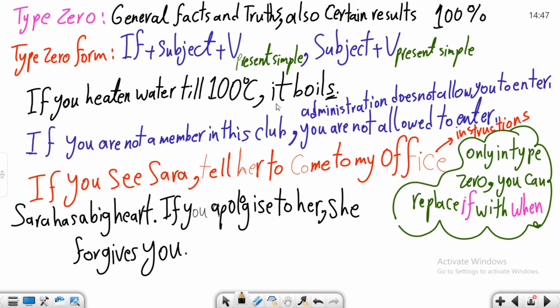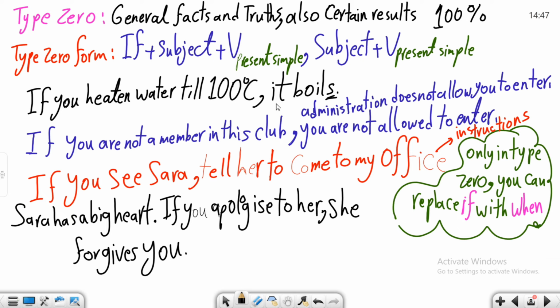So when we are 100% sure, because this is scientific information, a scientific fact, or even a personal fact, as we are going to see later, we use present simple. You see here, if you heat water to 100 Celsius degrees, it boils. So this is always true, and the result is 100% certain.